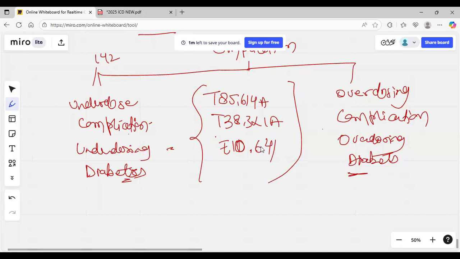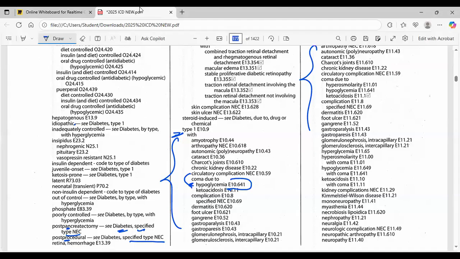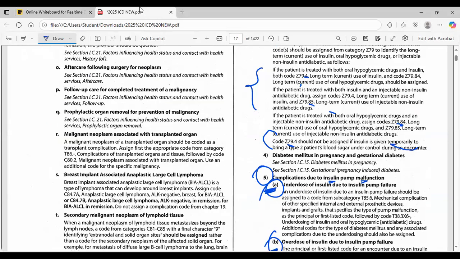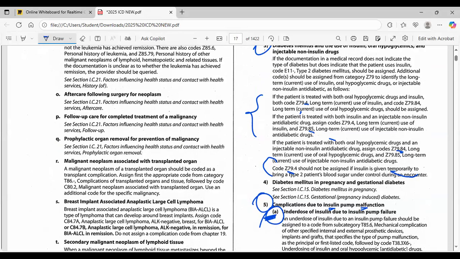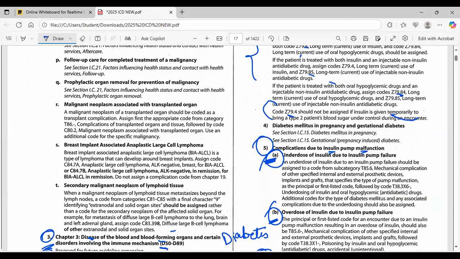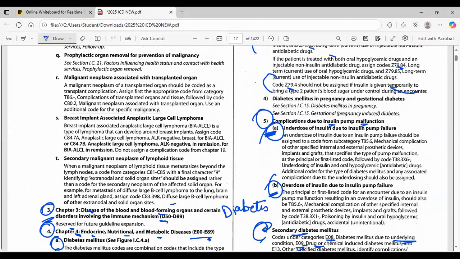Okay, good. So one more time, whenever a patient has a complication due to the insulin pump, in that case, you have to use complication first, followed by the underdosing or the overdosing, then diabetes code at the third position.